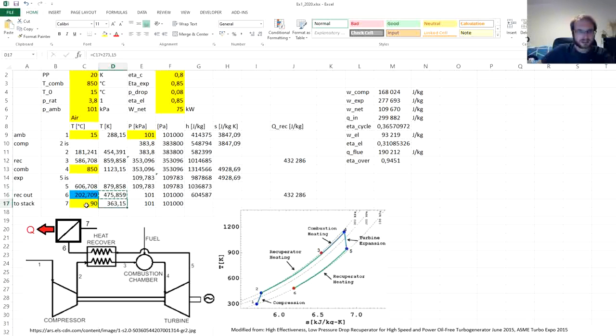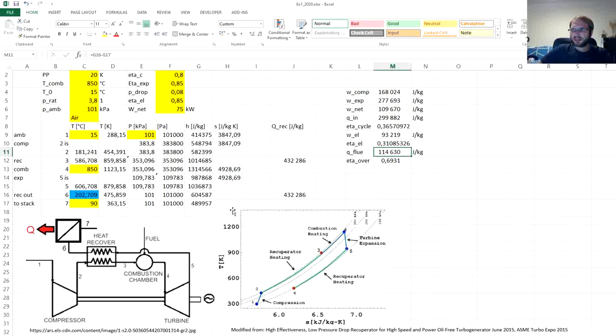So we have temperature, we have pressure, we get enthalpy from that, and in the calculation of the heat in the flue gas, now we will use point number, or node number, 7.